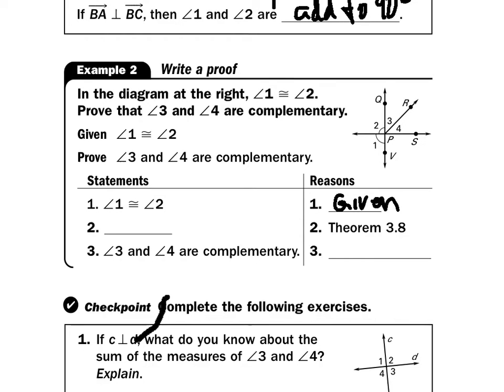If 1 is congruent to 2, then we can say that PS is perpendicular to PQ from what theorem? 3.8. And so 3 and 4 are also complementary because of theorem 3.10.